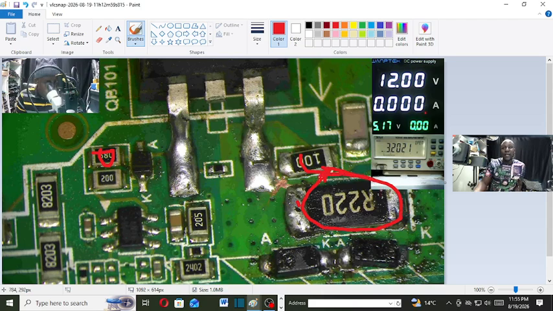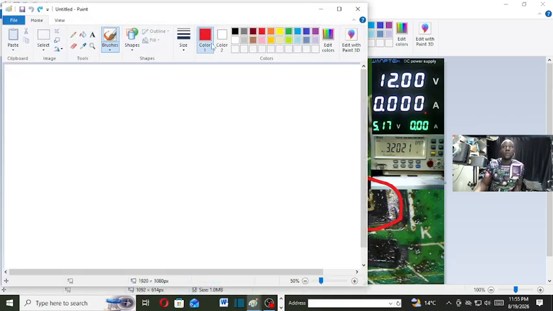So when I was checking the value of this resistor, it was like this.